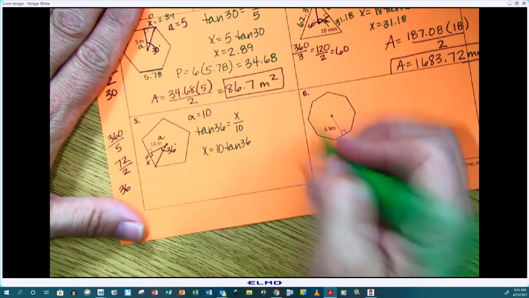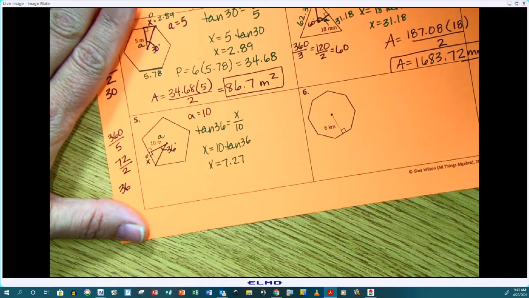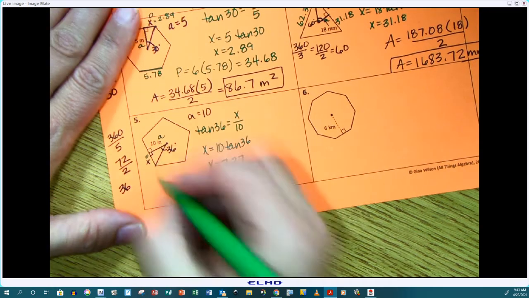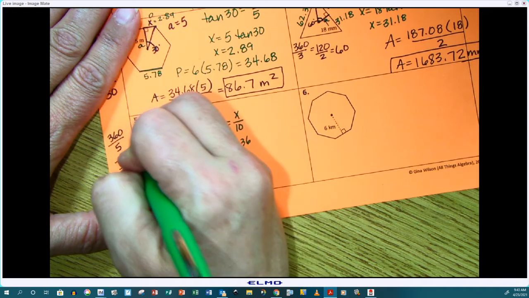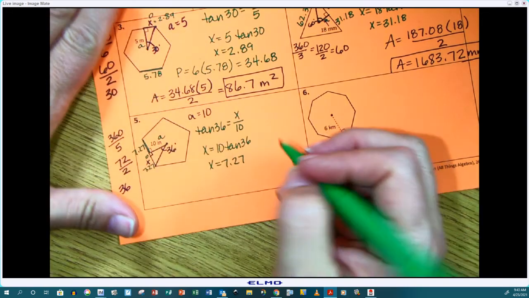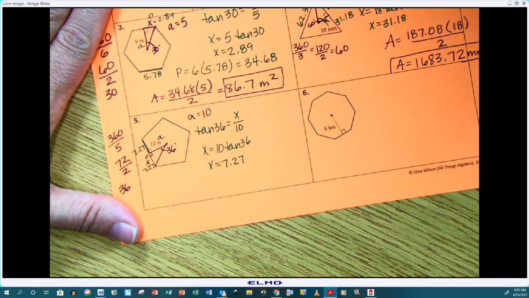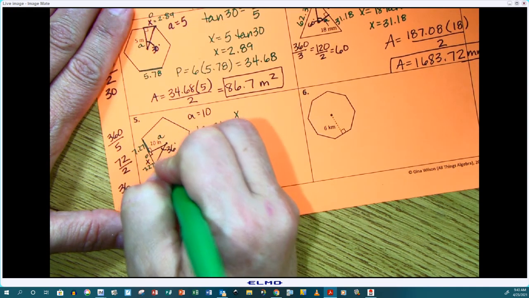So 7.27. So that half is 7.27, which makes the whole part 14.54. So the whole side is 14.54.